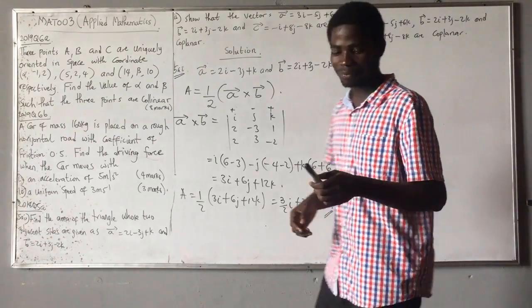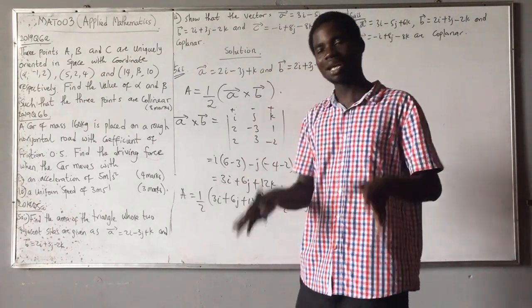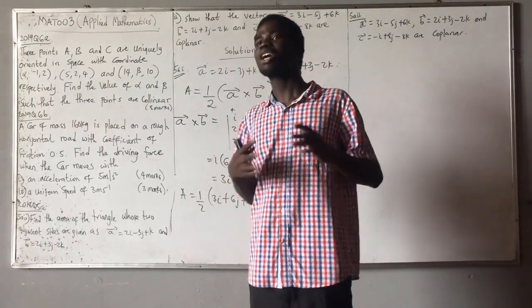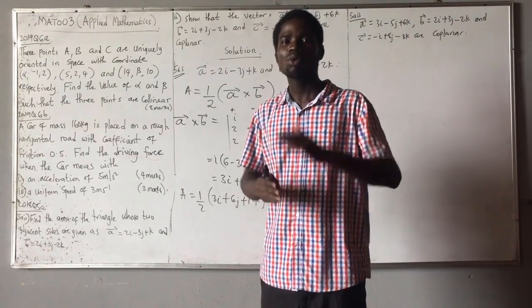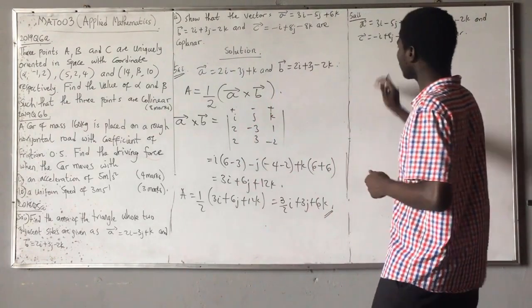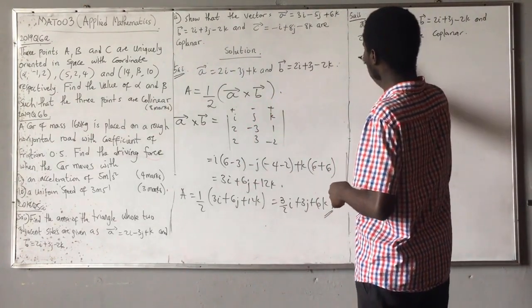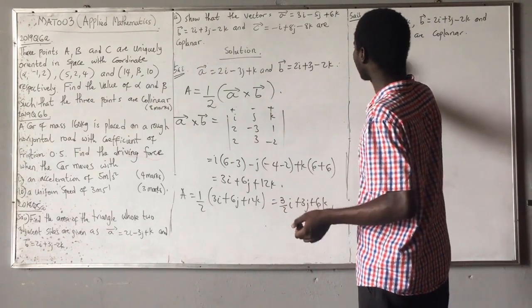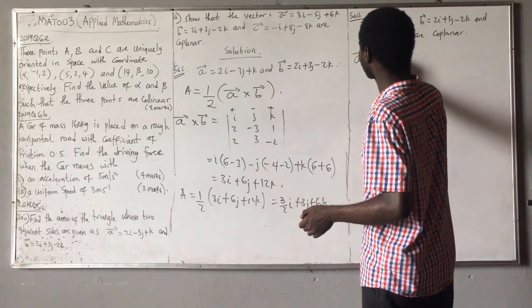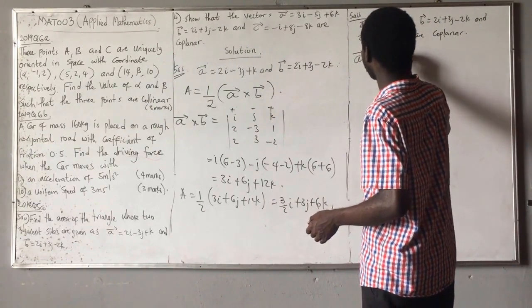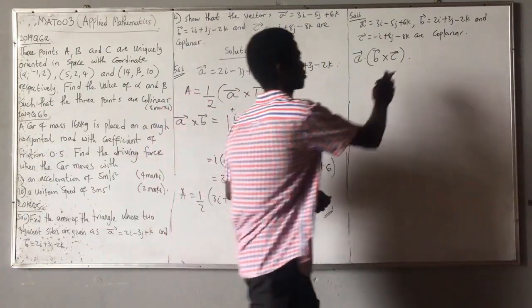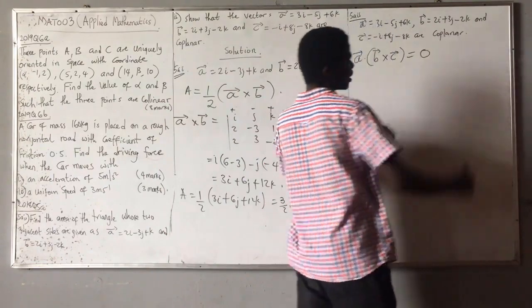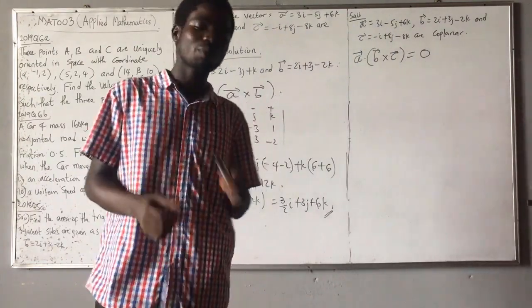What is the condition needed for 3 vectors to be coplanar? The scalar triple product must be equal to 0. That is the condition we have.